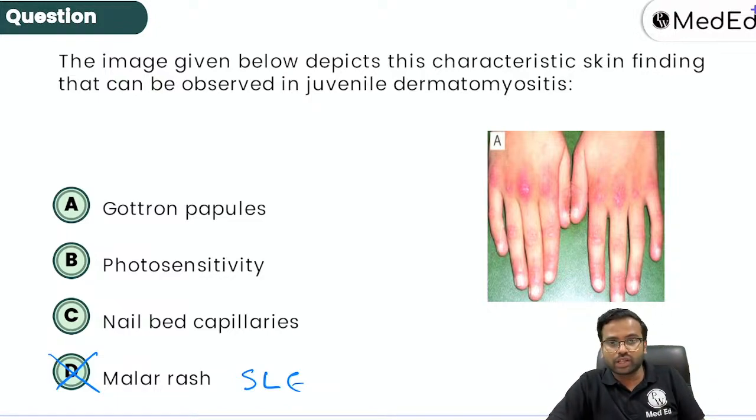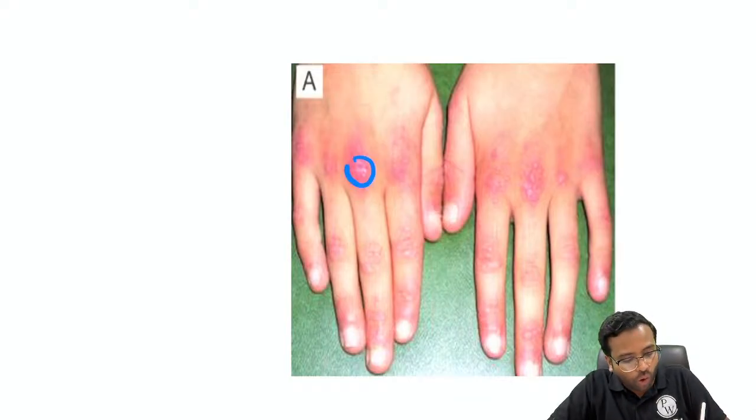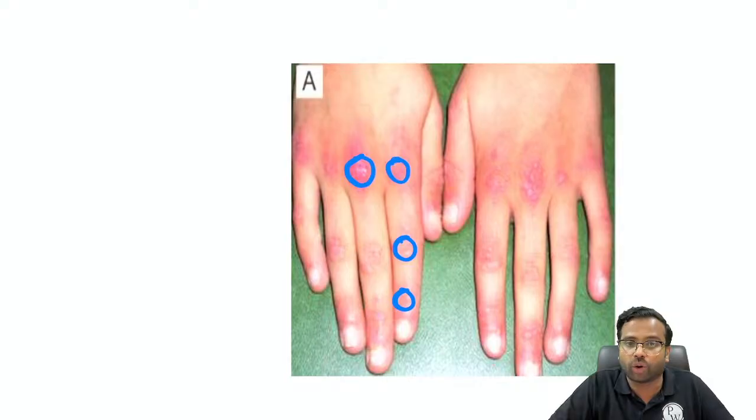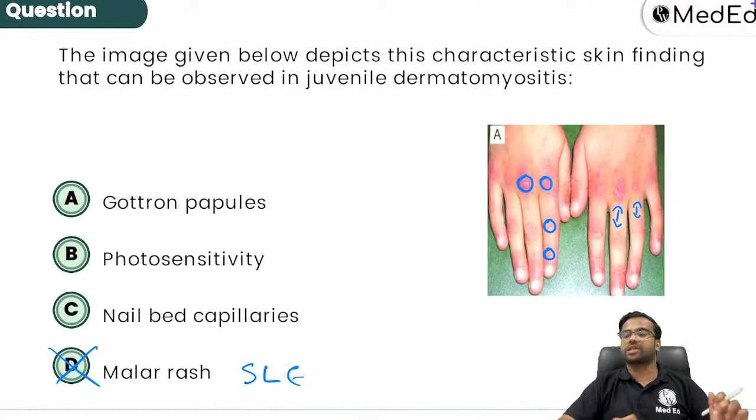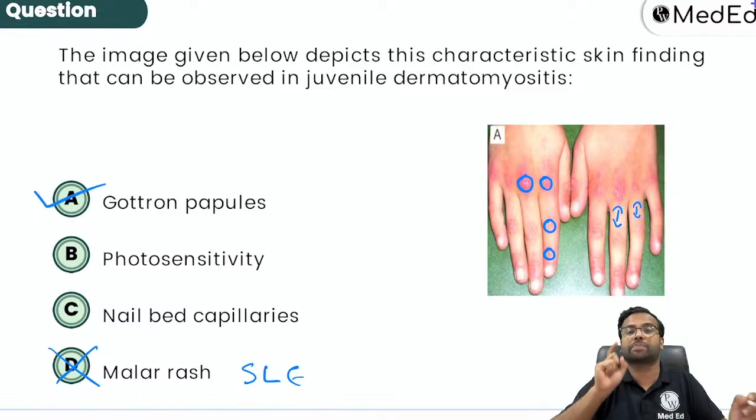Now, when I zoom this image for you, what I find here is that all these joints are being involved, and the area in between the joints is spared, right? So what is this typical finding? Some of you are answering A, most of you are answering A, and someone is answering B. The correct answer should be Gottron's papules.